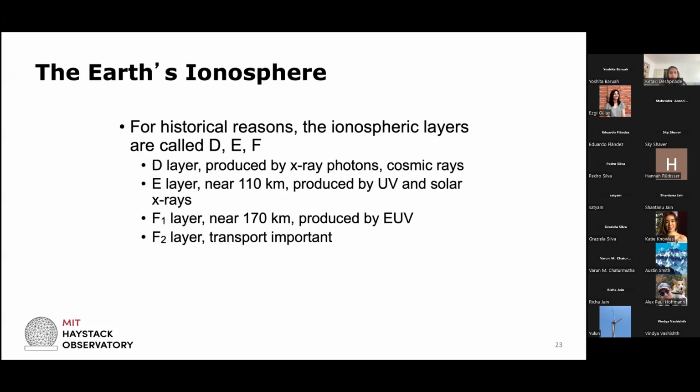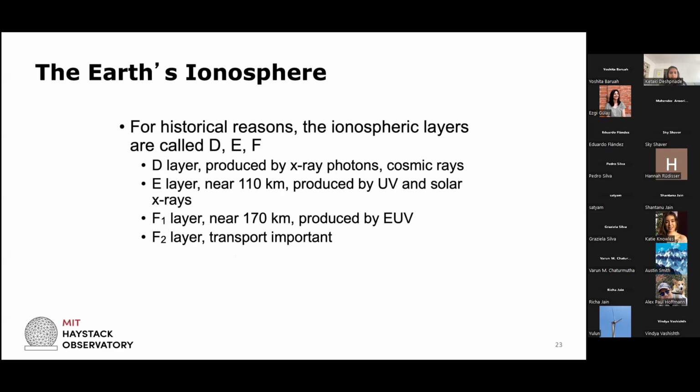So again, for historical reasons, the ionospheric layers are called D, E, and F. The D layer is produced by X-ray photons and cosmic rays. It actually goes away completely at night. The E layer, which is near 110 kilometers, is produced by ultraviolet and solar X-rays.